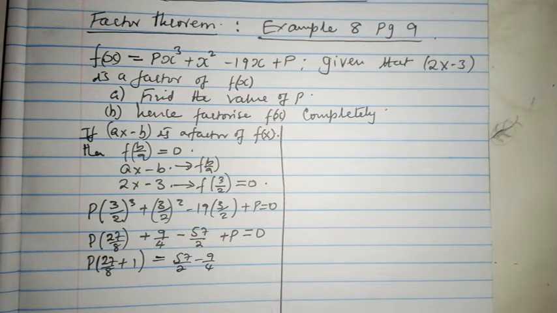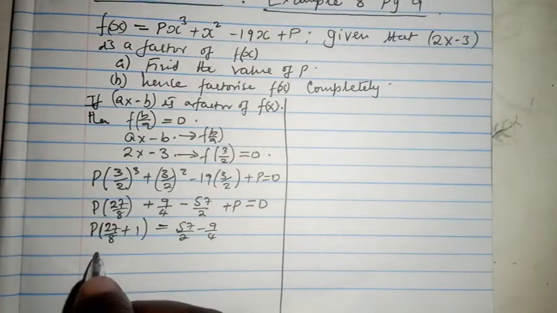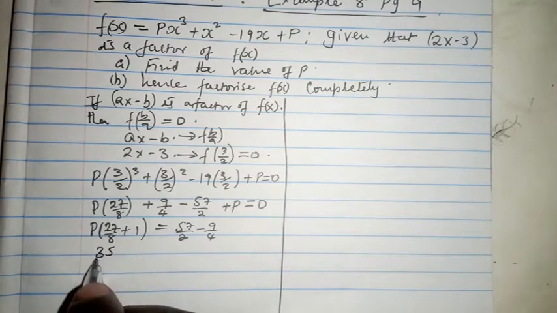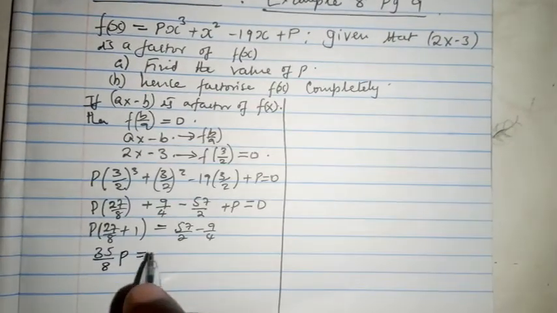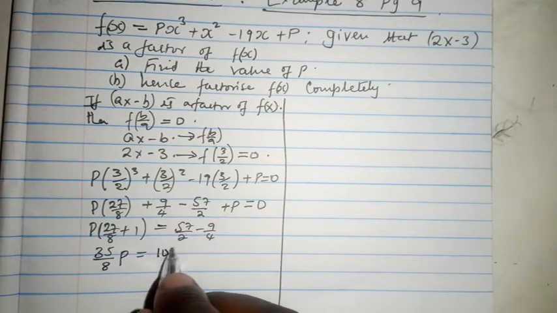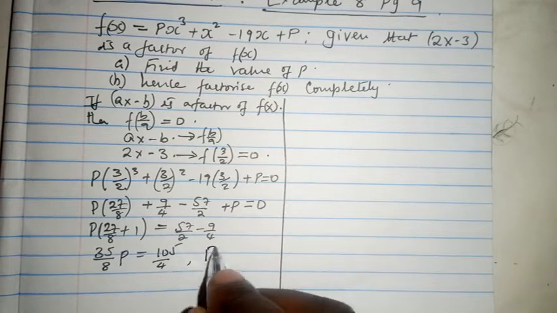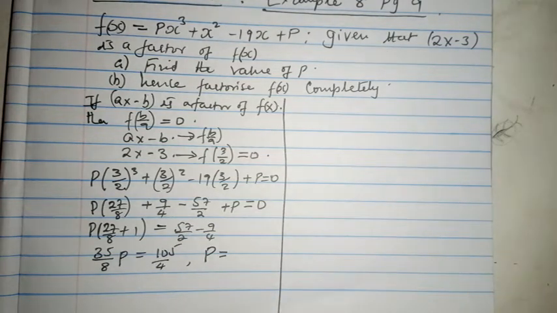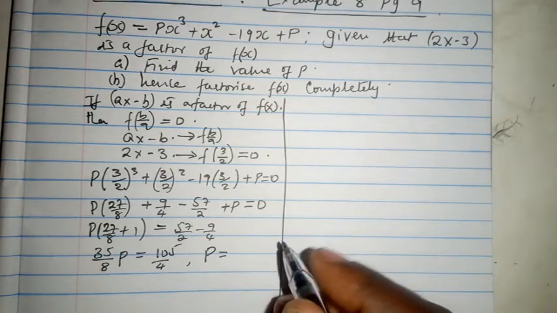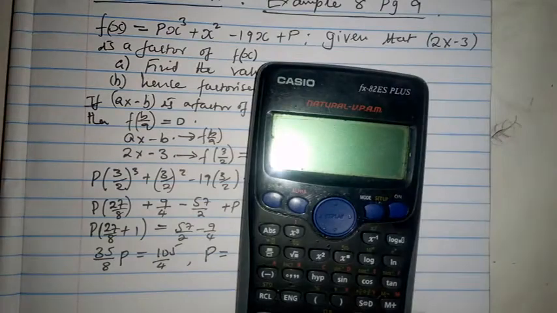Generally, if you clean up this part of the equation, you're going to find that 35 over 8 p is equal to 105 over 4. And if you multiply both sides by 8 over 35, our p happens to be 6.